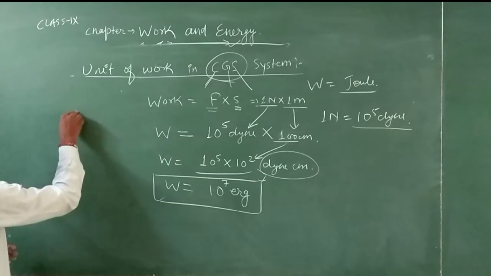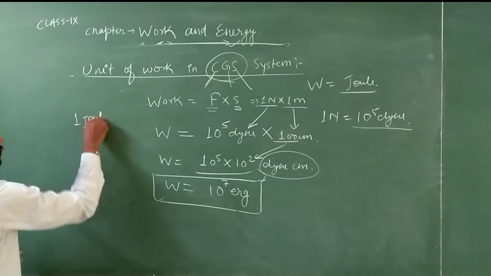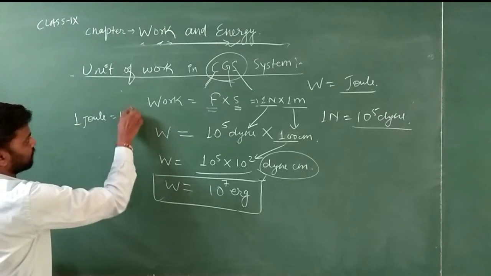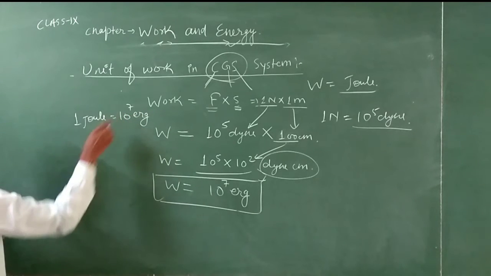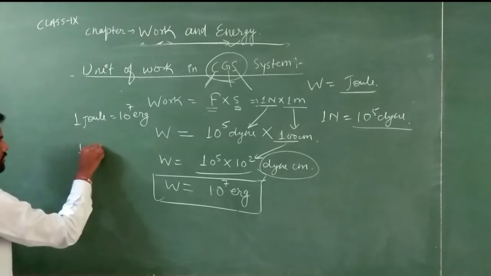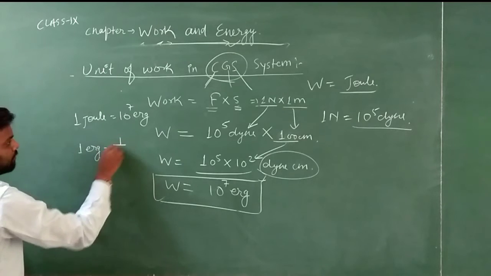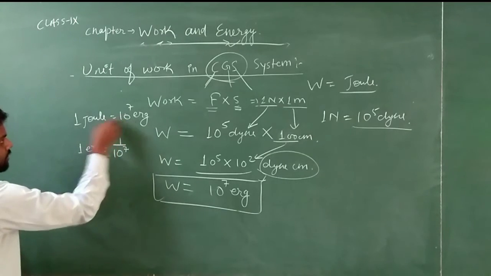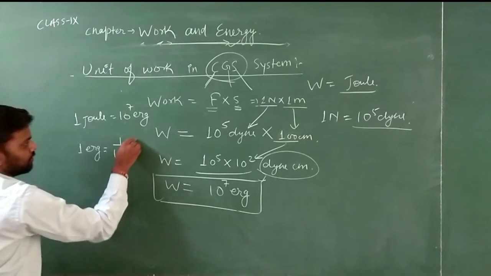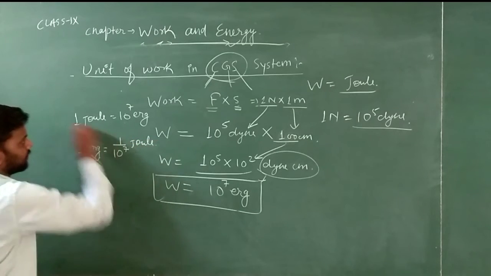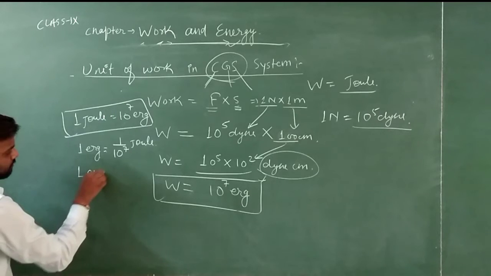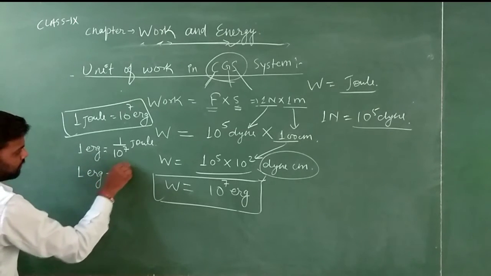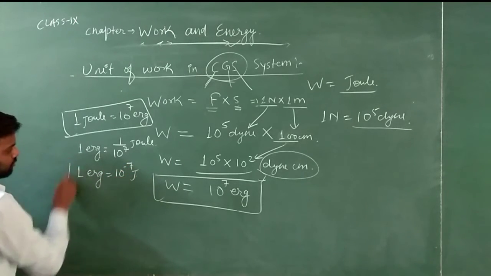So we got a relation that 1 joule work will be equal to 10 to the power 7 erg. If we need to find out the 1 erg, it will be equal to 1 upon 10 to the power 7. It will come in the denominator side joule, or we can say that 1 erg will be equal to 10 to the power minus 7 joule.